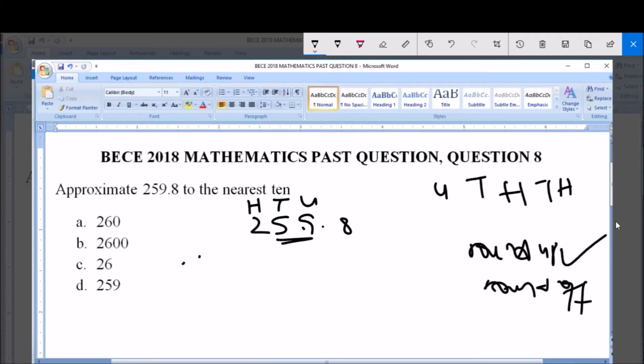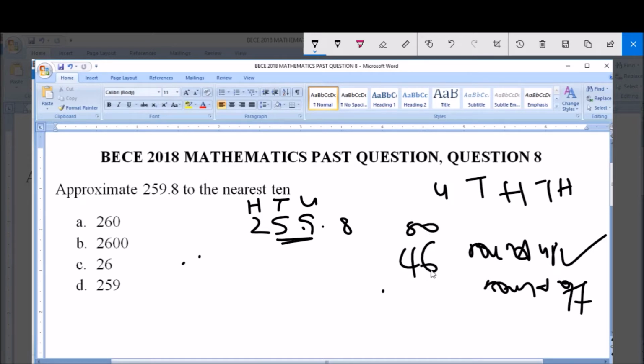Now what do we mean to round up? To round up simply means moving to a higher 10 or to a higher 100. Take for instance, you have something like 46, and you have to round up this 46. What will happen? You have 50.